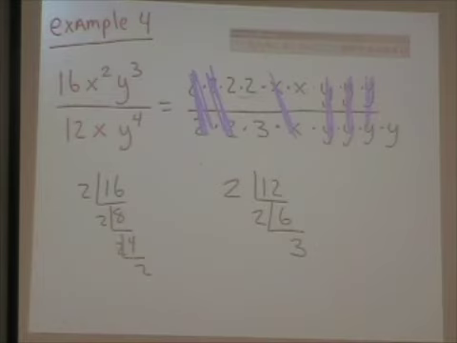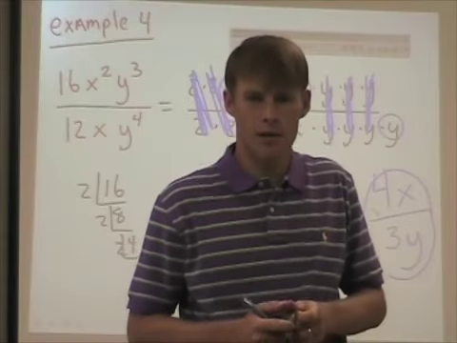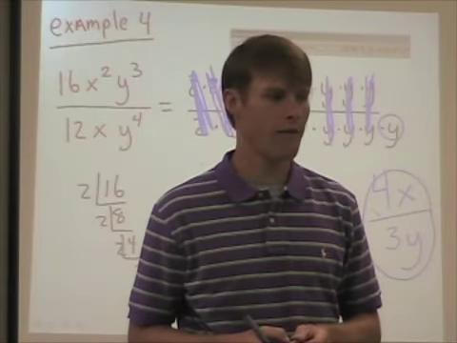So now on top that leaves me 2 times 2, which is 4, and an x right there. 4x divided by 3y. So your reduced version of 16x squared y cubed over 12x y to the 4th is 4x divided by 3y. Okay? Now, today we learned how to reduce fractions using prime factorization.